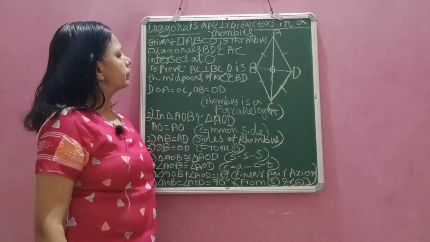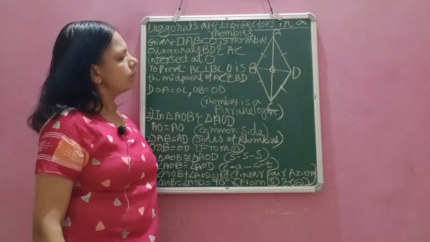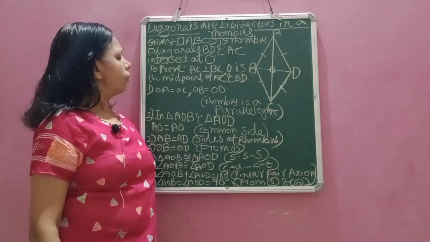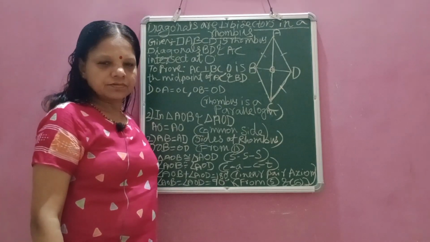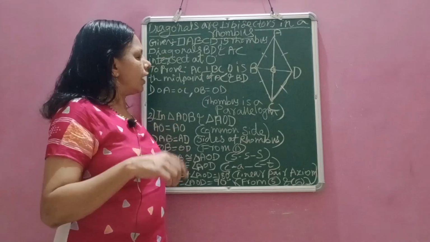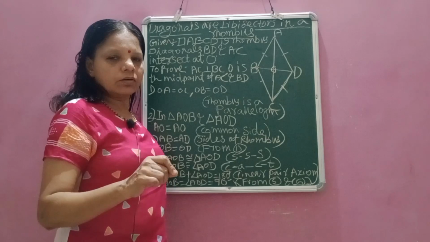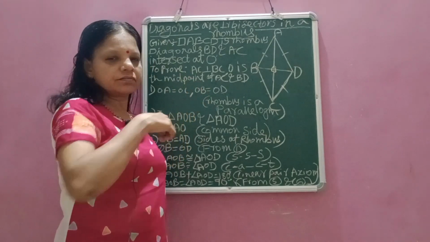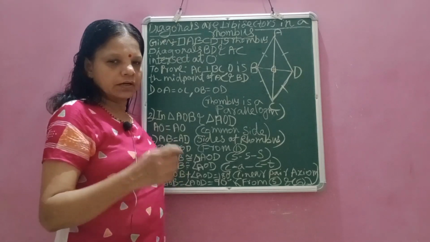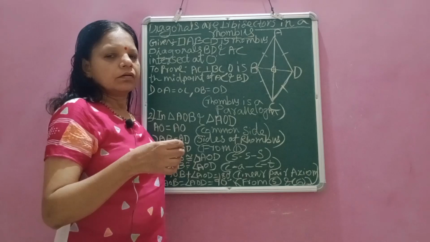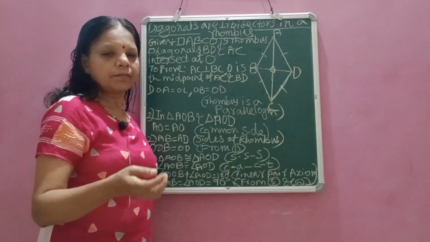To prove: AC perpendicular to BD and O is the midpoint of AC and BD. Only you have to prove the first part, that AC and BD are perpendicular. The other part is understood from the property of parallelogram, since rhombus is also a parallelogram.